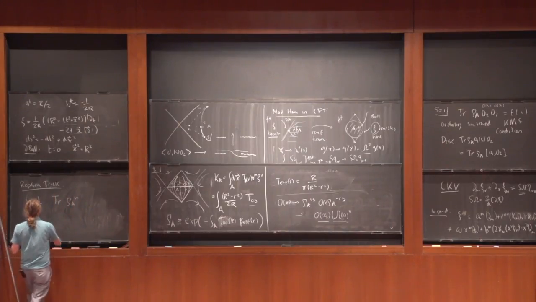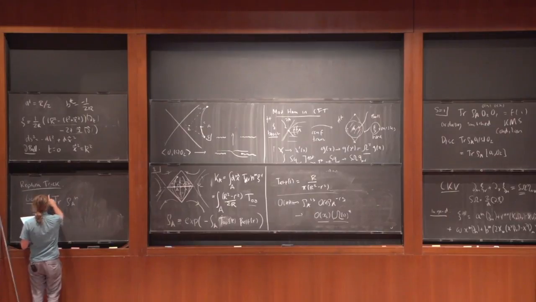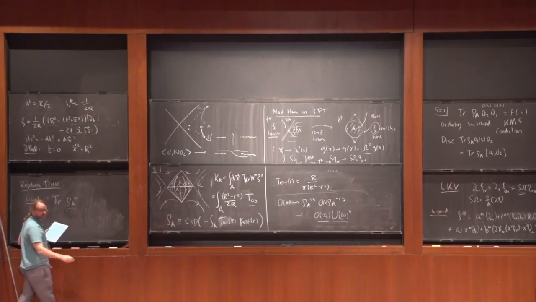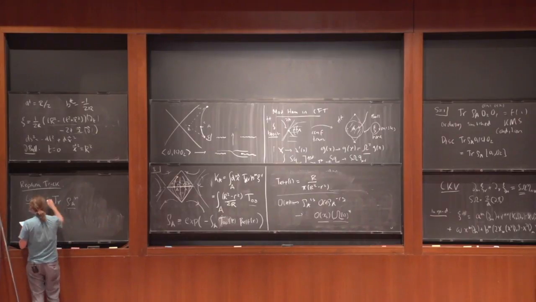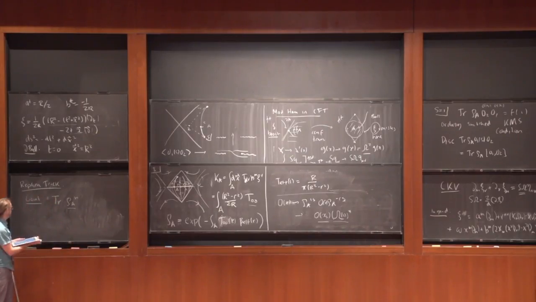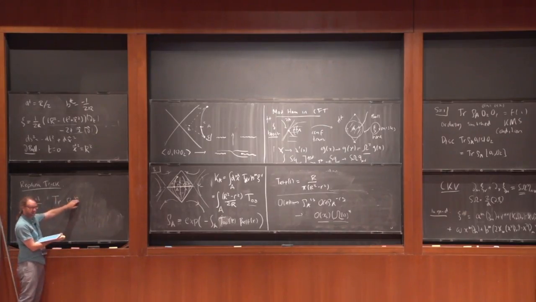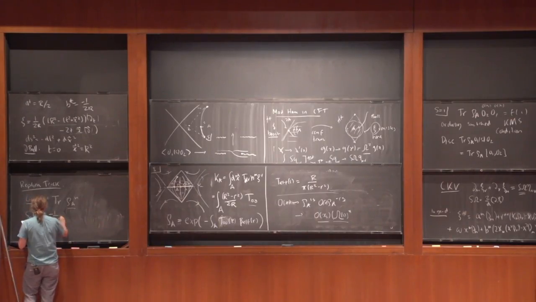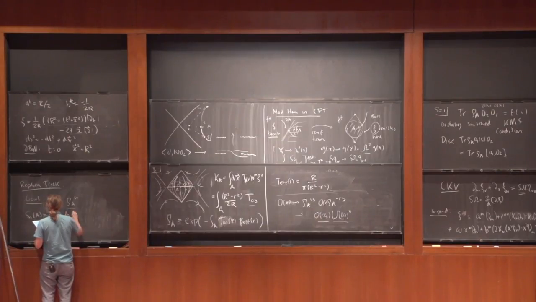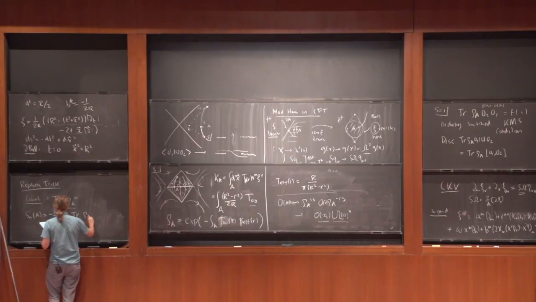So the Renyi entropies are basically you take powers of the reduced density matrix, and you take the trace, and what we'll be able to do, at least in quantum field theory, is do this trace where n is an integer. But before we get to that, let's just take n to be any parameter, and we can define the Renyi entropies. So n doesn't have to be an integer now.